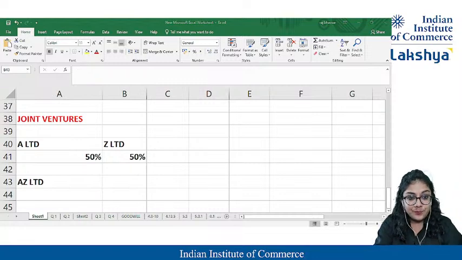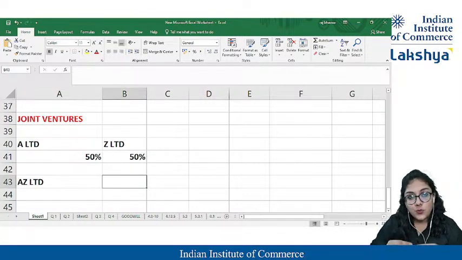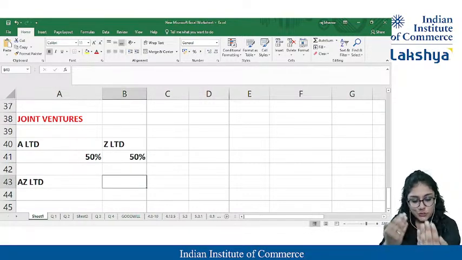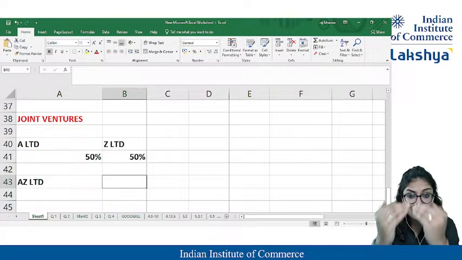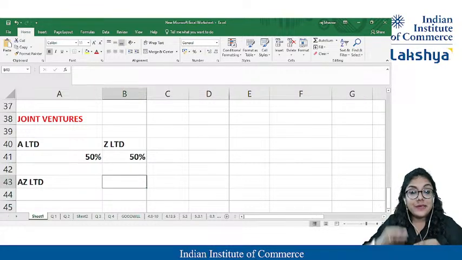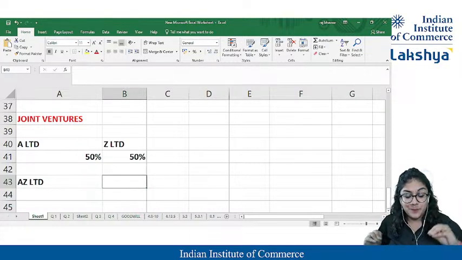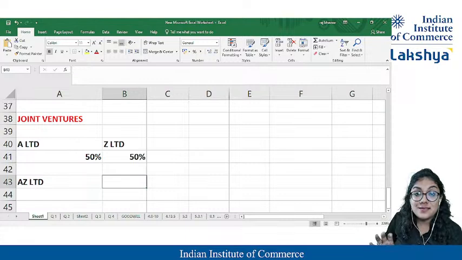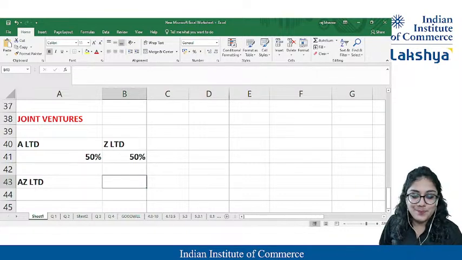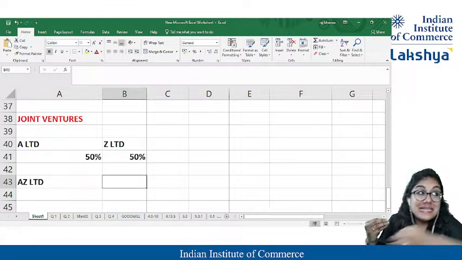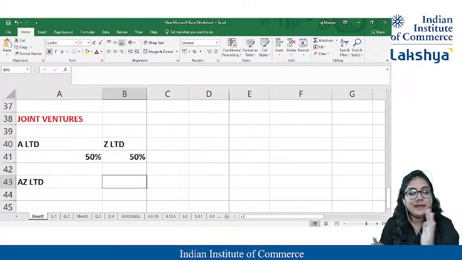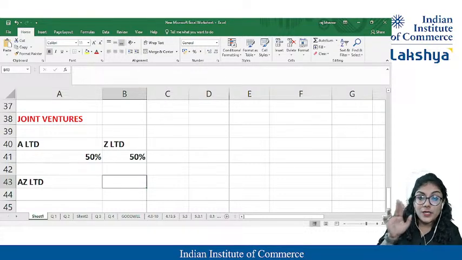To understand joint ventures, both parties should come together and create a separate legal entity in which A is going to contribute something and Z is also going to contribute something. If I am contributing assets, it will not be my asset, it will be the company's asset. So A will be different, Z will be different, and the entity will be different. If we enter like this, that is a joint venture.